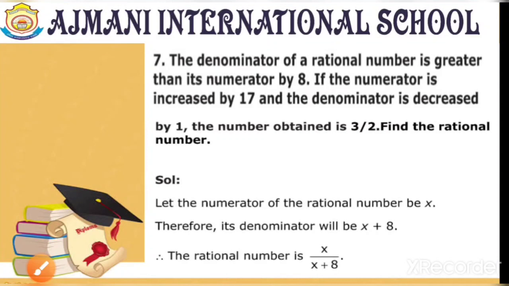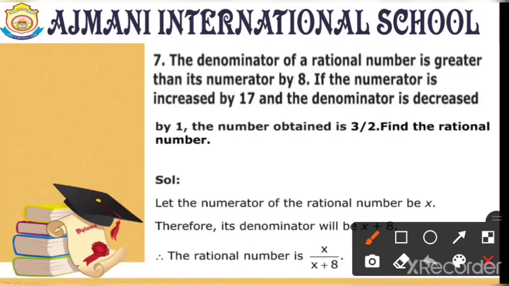Moving to the last question of this exercise, that is, the denominator of a rational number is greater than its numerator by 8. Okay, if the numerator of the rational number is suppose x, then denominator would be what? Greater by 8. So x plus 8. What would be the rational number then?